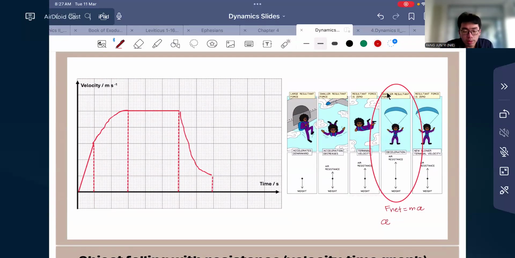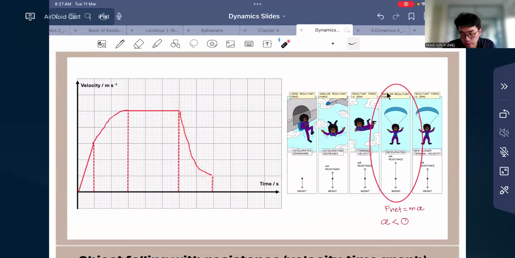But then as velocity decreases, air resistance also decreases. So that is why the gradient is also decreasing. You see here, the gradient is decreasing.